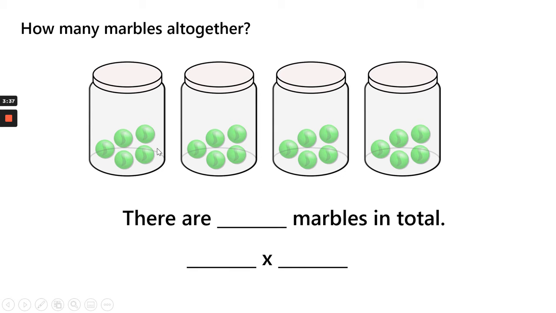So let's count together. 5, 10, 15, 20. So there are 20 marbles altogether. And our number sentence will say that there are 4 groups, 4 jars, and there are 5 in each jar. So we know that 4 times 5 equals 20.